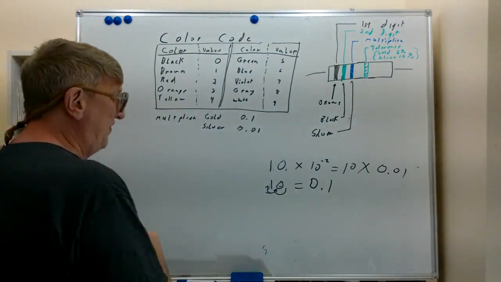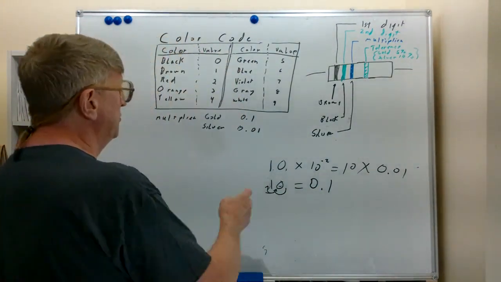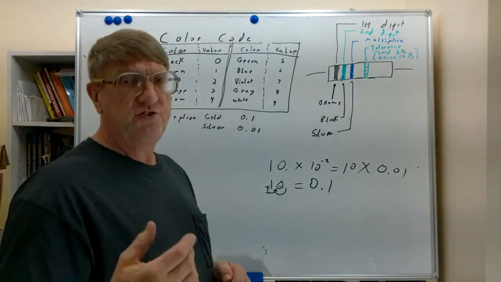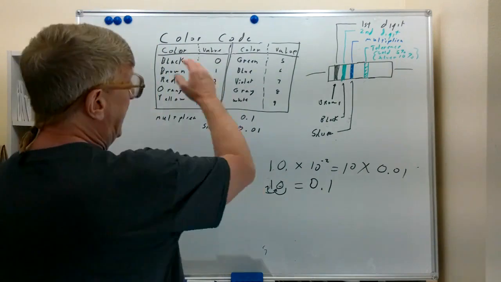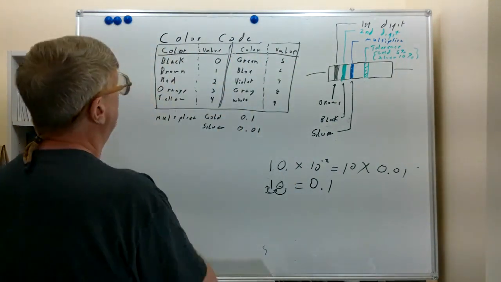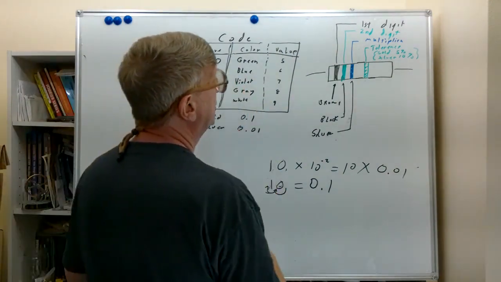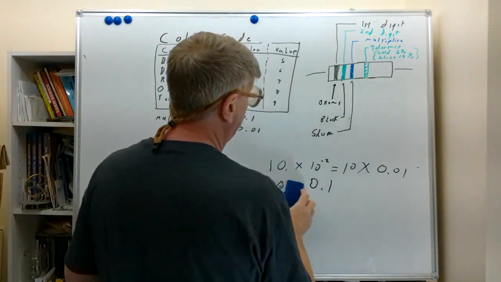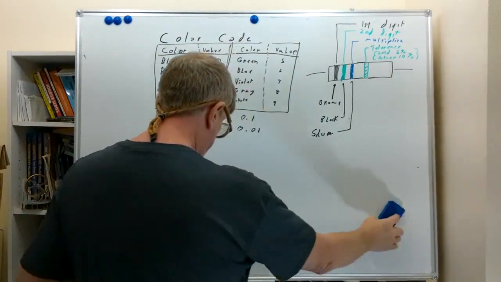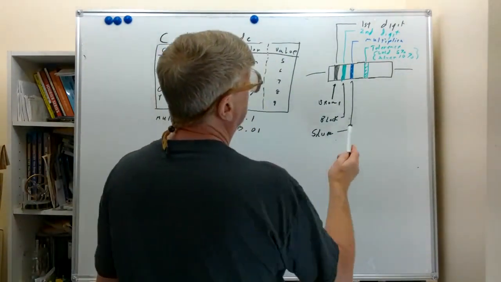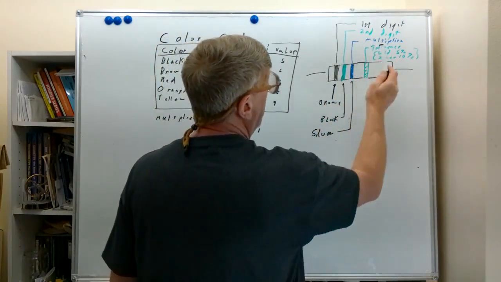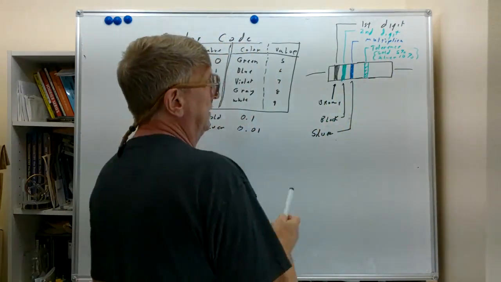So for the smaller values, which you don't see that often, you'll be seeing these gold and silver multipliers. Usually in the values that you typically see, we have the whole numbered multipliers, and we use the same colors for the first 2 digits for the multiplier, either way. Now you notice that I've got first digit, second digit, multiplier, and tolerance.